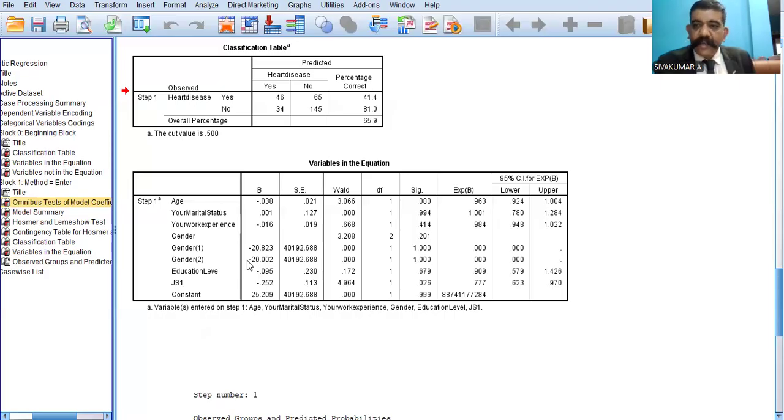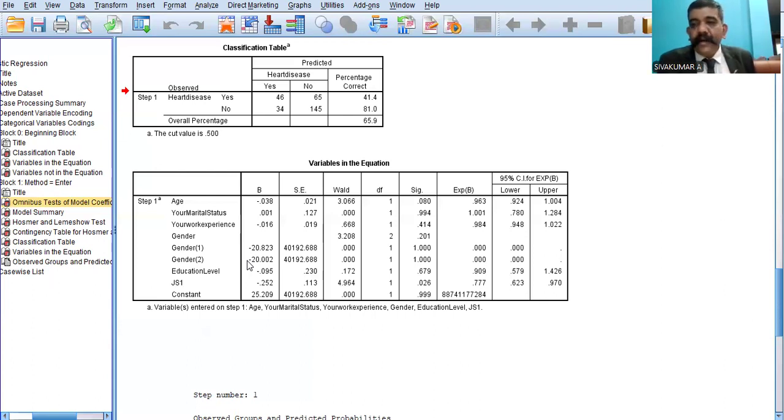Only job satisfaction is a significant variable, a good independent variable, and can predict the dependent variable. All other variables are not relevant here. That is the point: the p-value is the most important one.